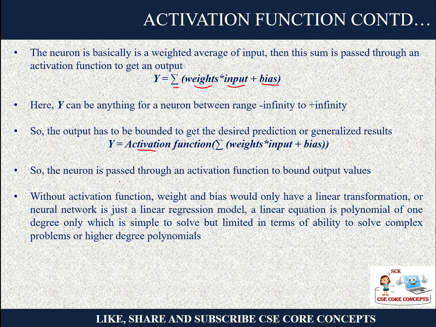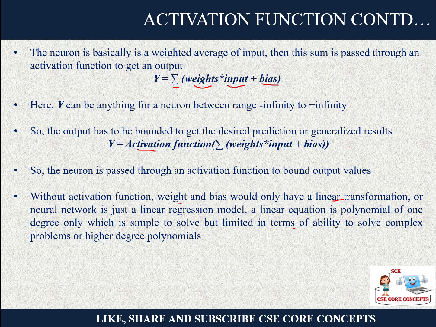So without an activation function, weight and bias would only give a linear transformation, or it will work as just a linear regression model. A linear equation is a polynomial of 1 degree, which is simple to solve but limited in terms of ability. If you remember in linear regression, a multiple polynomial with higher degree was fitting the curve in a better way.